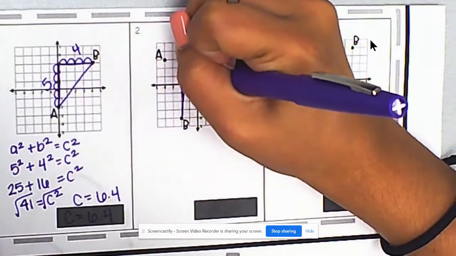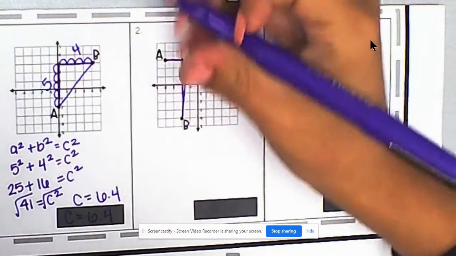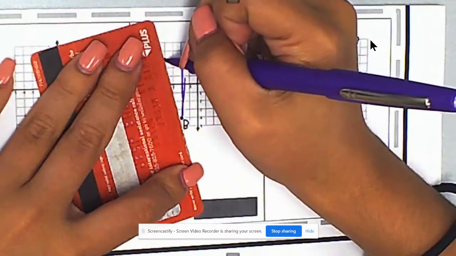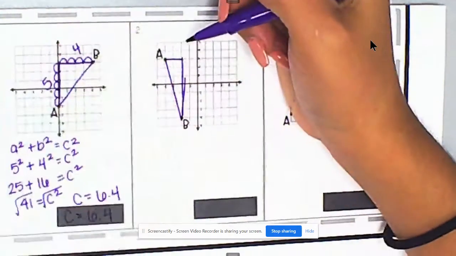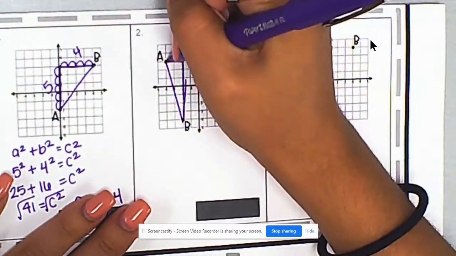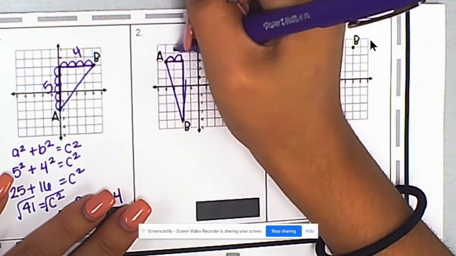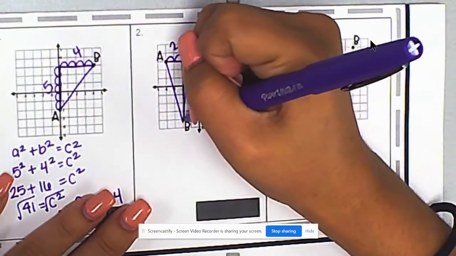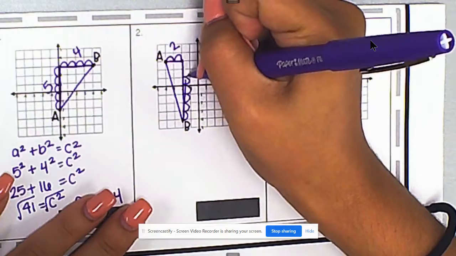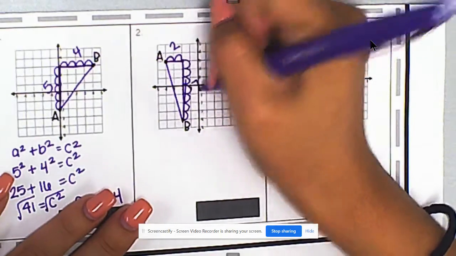Easier if you have a straight edge. There we go. So now we're going to get our legs. That's 2. That is 7.